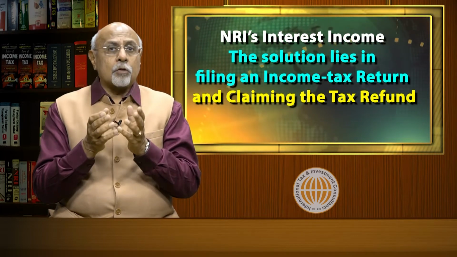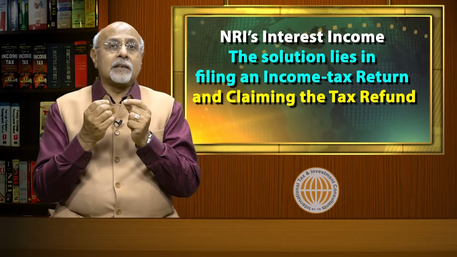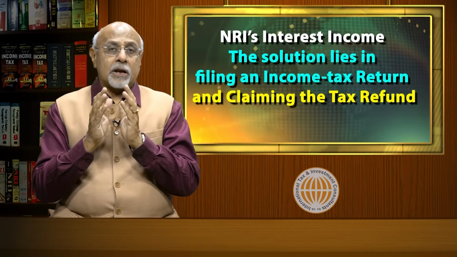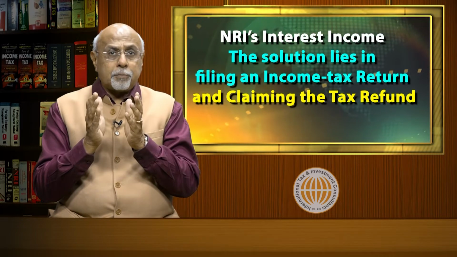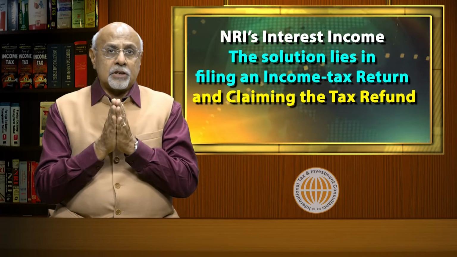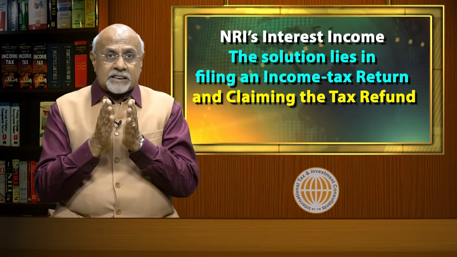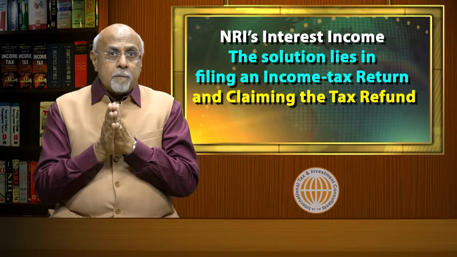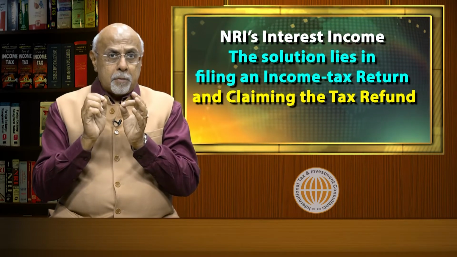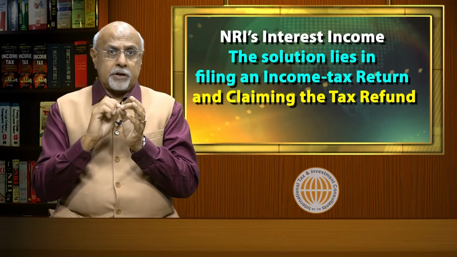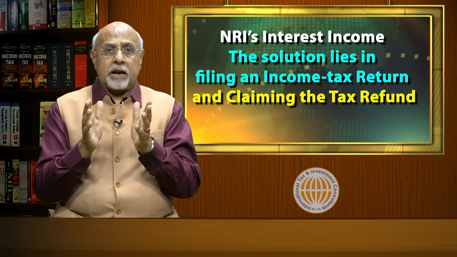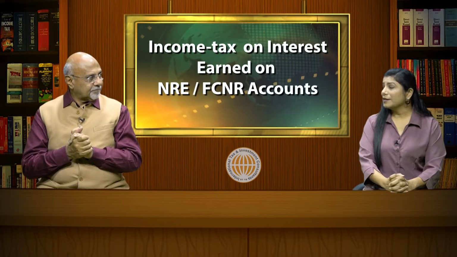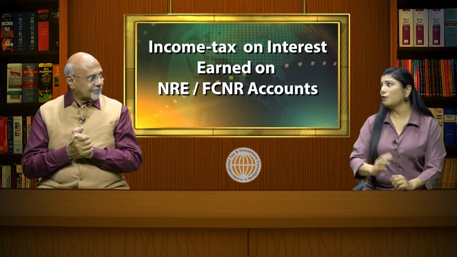And the NRI can also check what TDS is made in his account, by going on the Income Tax Department's e-filing website, where you have access to see the Form 26AS, or now what is known as the AIS, the Annual Information Statement, with the help of your PAN, permanent account number, and your password. You log in and you will be able to see all relevant details of tax deducted at source in your case. Well, taxability on the interest earned from NRO account is now very clear.